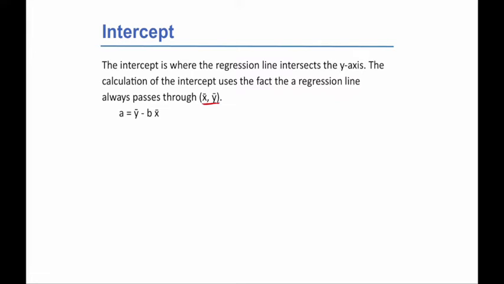And so once you've calculated the slope, if you do y bar equals a plus b x bar, you can solve for a if you know b and x bar and y bar. You can plug all of those in and solve for a, and that will give you the intercept.